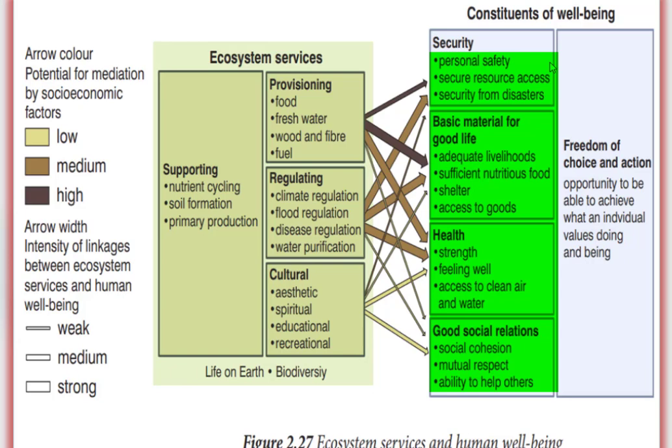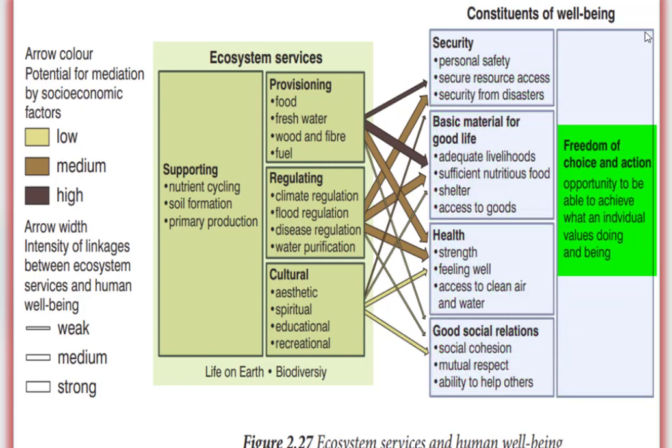It helps develop positive social cohesion, mutual respect, and the habit of helping each other. This lastly assures individuals freedom of choice and action. That means it gives us an opportunity to achieve what an individual values doing and being.